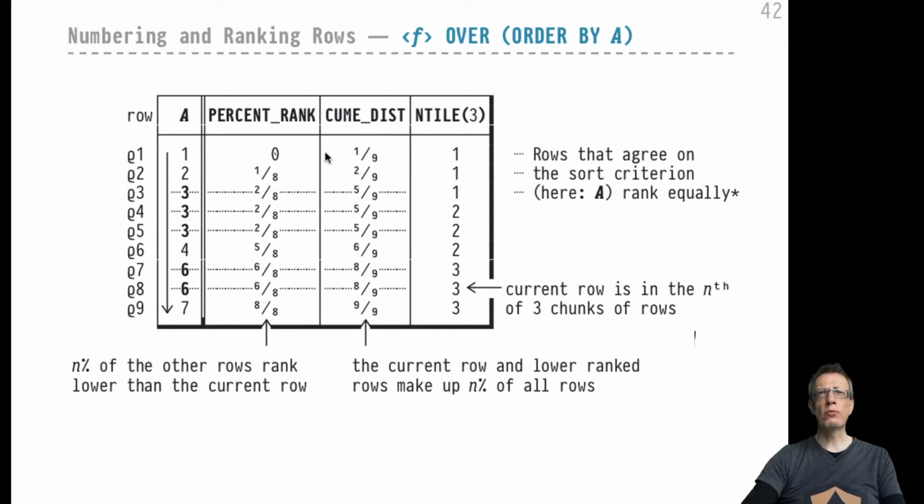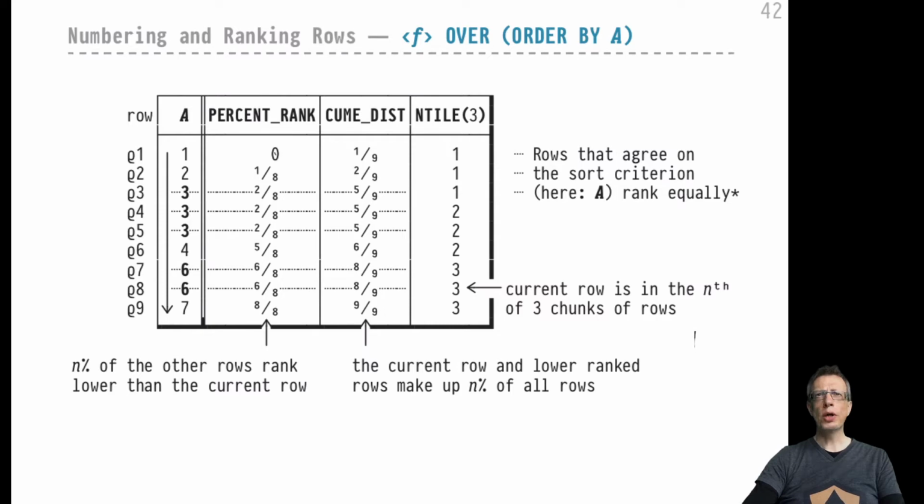When we look at the first row, we have seen exactly 1 of the 9 rows so far. And if we go down the table, we have seen 2 of the 9 rows. And this is the group of rows that are ranked equally. So we have seen 5 of the 9 rows when we are completed with this group. So this is the cumulative distribution function. Of course, we have seen all of the 9 rows when we've reached the last row in the ordering, and including the current row, that would make for 100% of rows that we've seen so far.